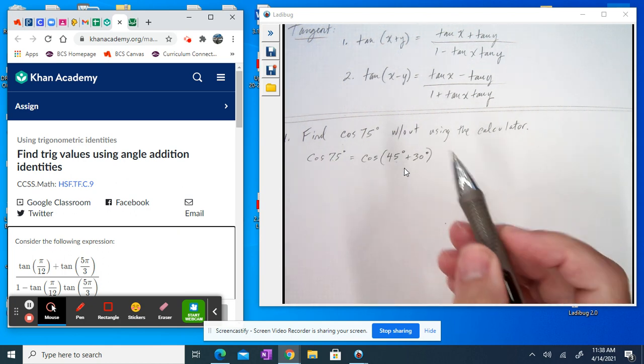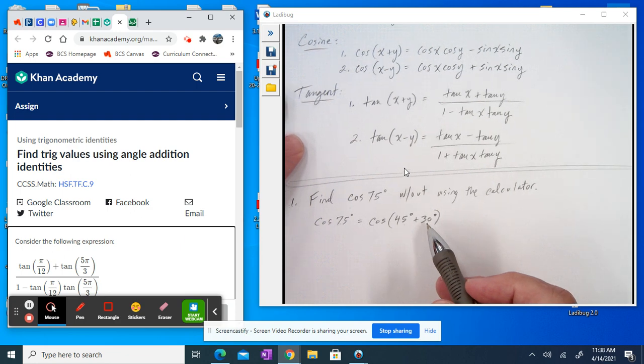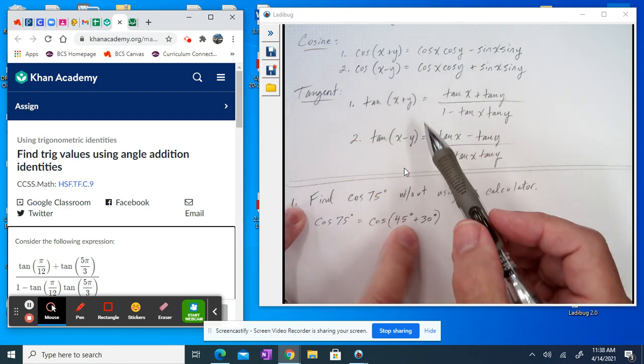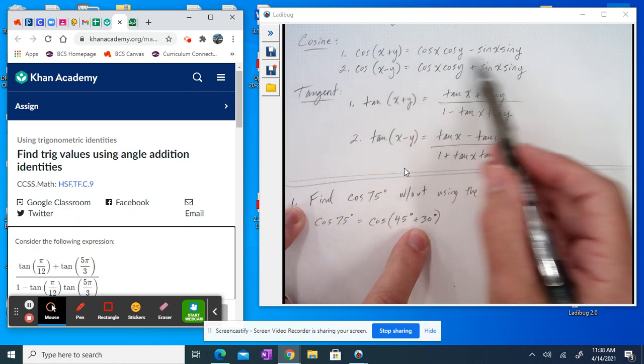So now we can figure out the cosine of 75 degrees by referring to something that we know. In the formula, you would look up the cosine, and this is a sum of two angles, so we would use this whole formula right here.